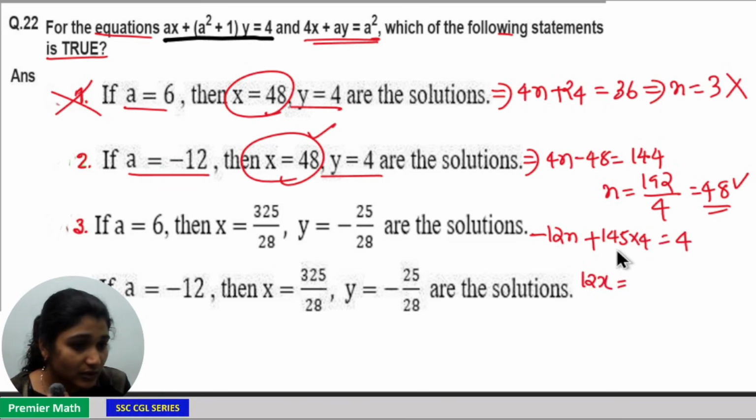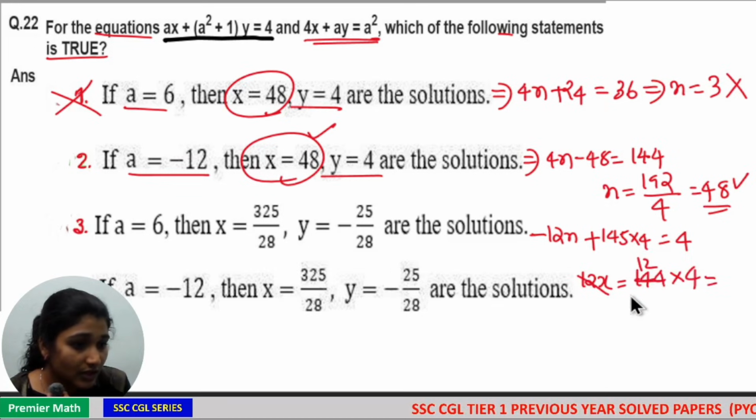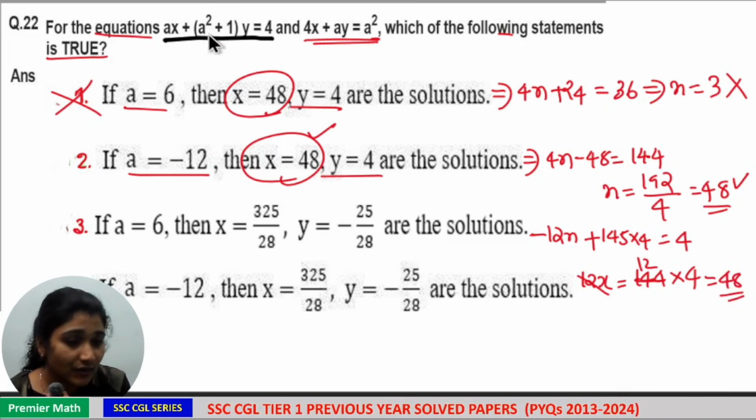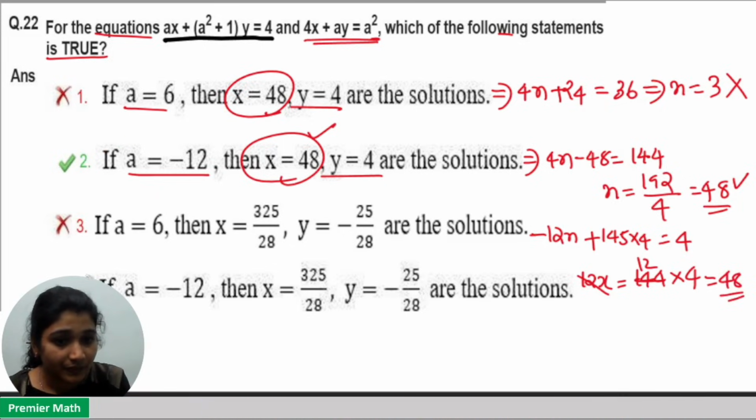Then 12x is equal to 145 into 4 minus 4, which is equal to 144 into 4. Now 12 goes 12 times in 144, which means x is equal to 48 in the first equation as well. So option 2 is our answer. In both the equations, a equal to minus 12, x equal to 48 and y equal to 4.